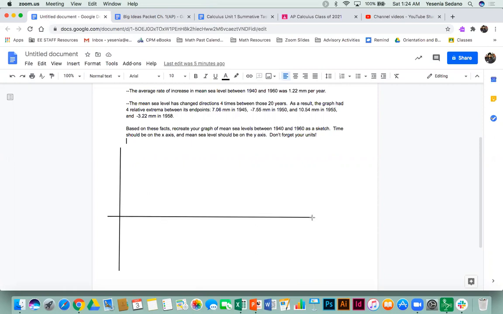Here's my time, the x-axis. Let's label our stuff. We have our mean sea level up here, and I'm going to type this out. I'm just going to put sea level, and it's in millimeters. You could think of this like your position graph, because remember, it's up and down motion instead of forward and side to side motion.